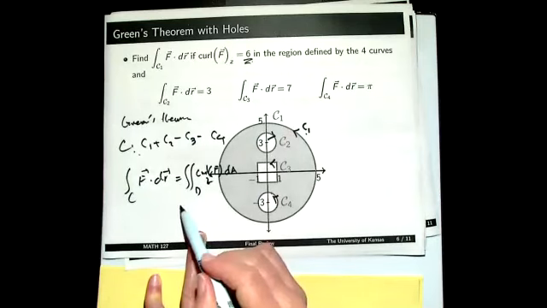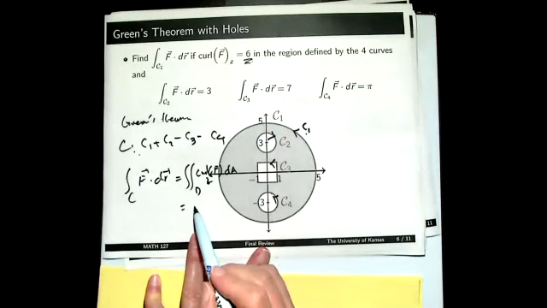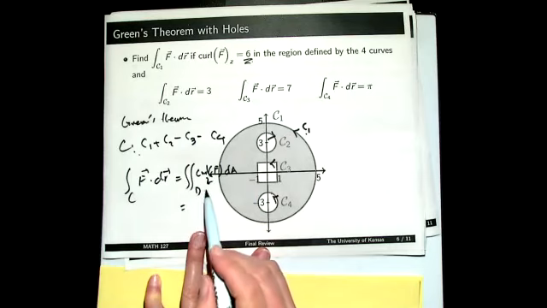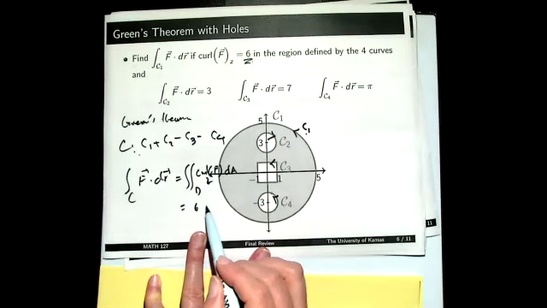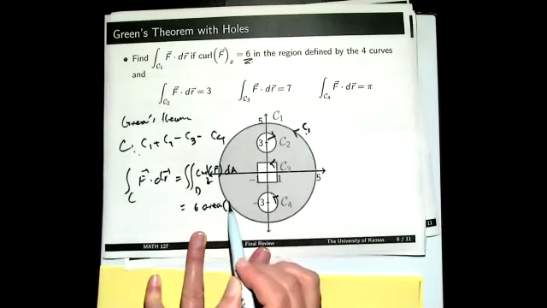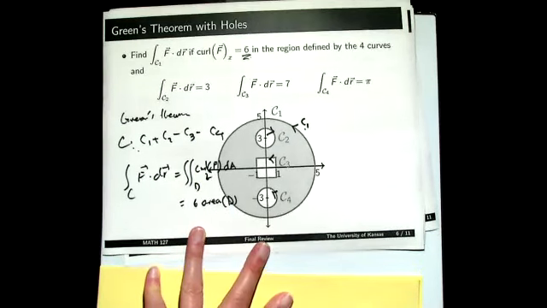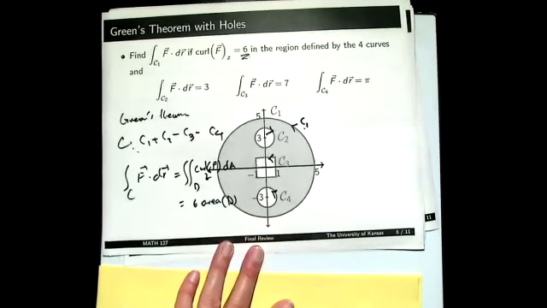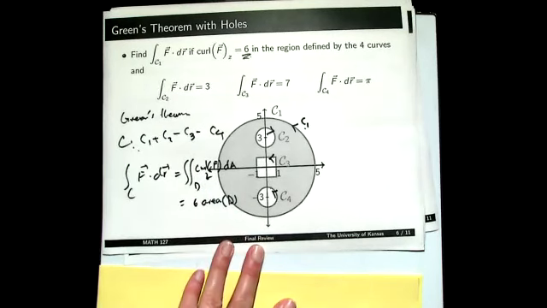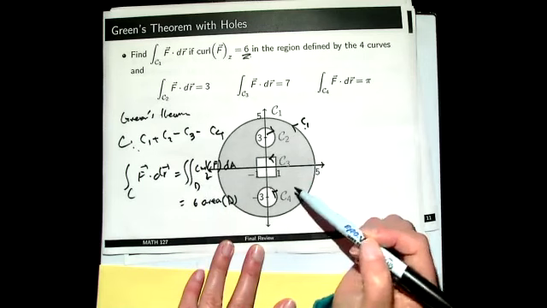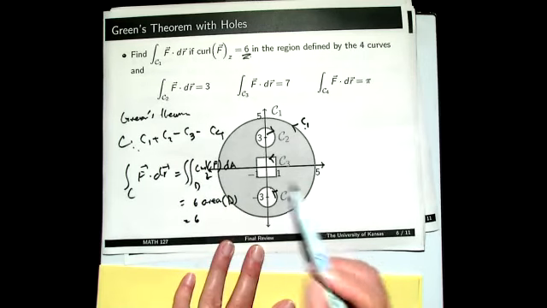Right? So the right-hand side of this is going to be 6 times the area of D, because the integrand is 6.